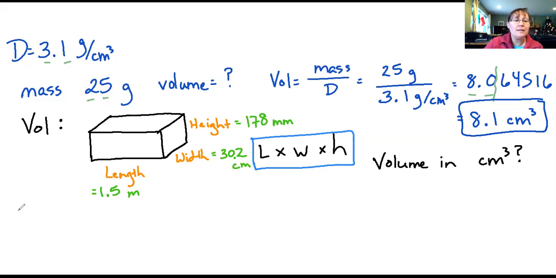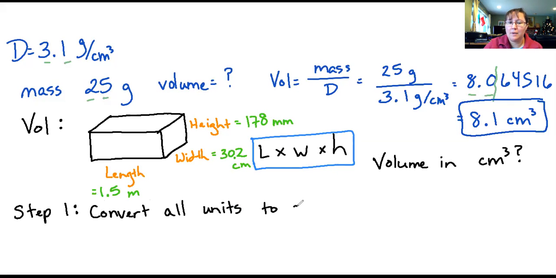So step one is to convert all units to centimeters. That's because a cubic centimeter is a centimeter times a centimeter times a centimeter. So we need to start with that.